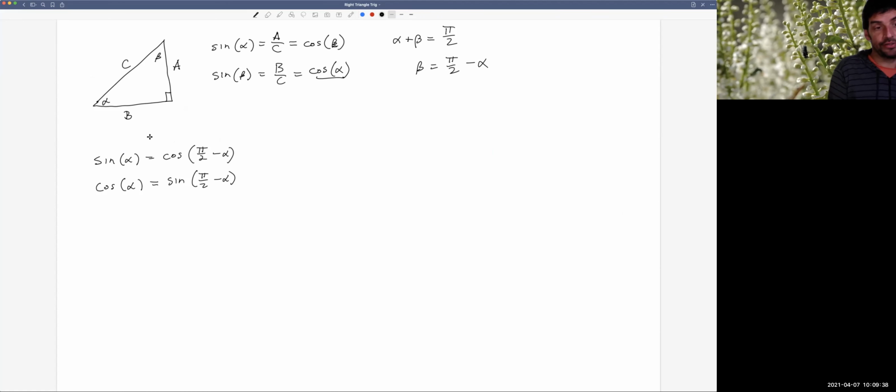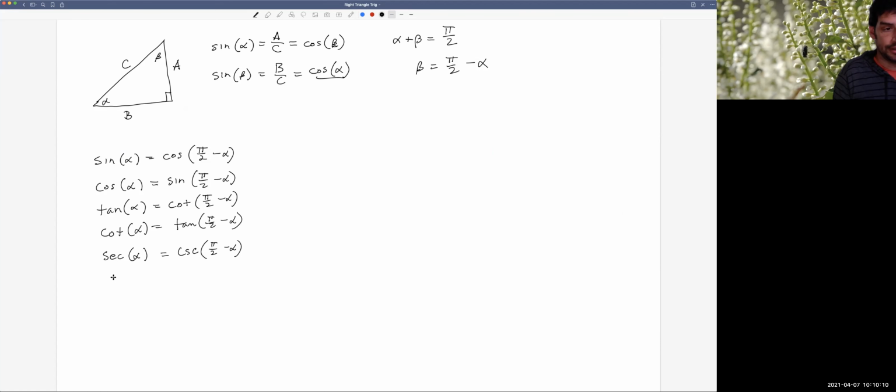I'll leave going through using this triangle to see these other results, but we also get tangent of alpha is equal to cotangent of pi over 2 minus alpha. We can always go the other direction. Cotangent of alpha is equal to tangent of pi over 2 minus alpha. Secant of alpha is equal to cosecant of pi over 2 minus alpha.